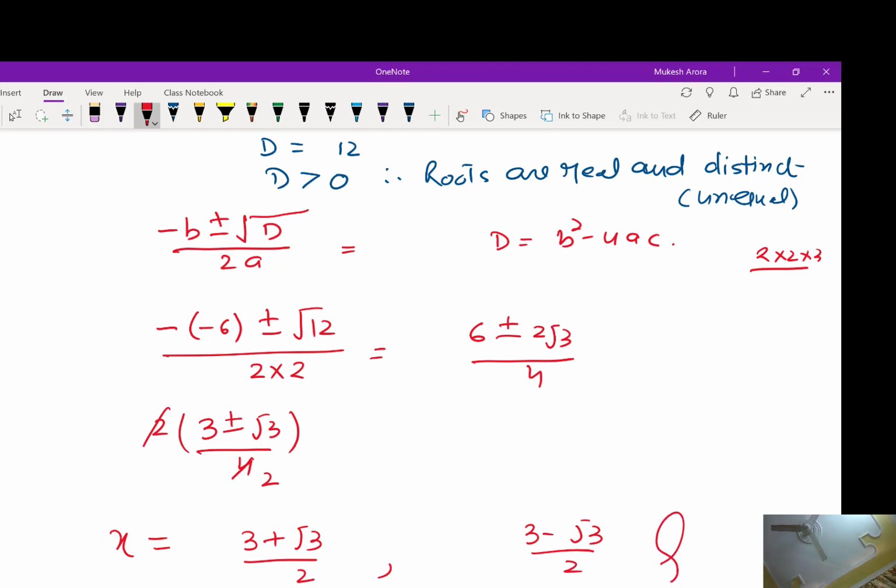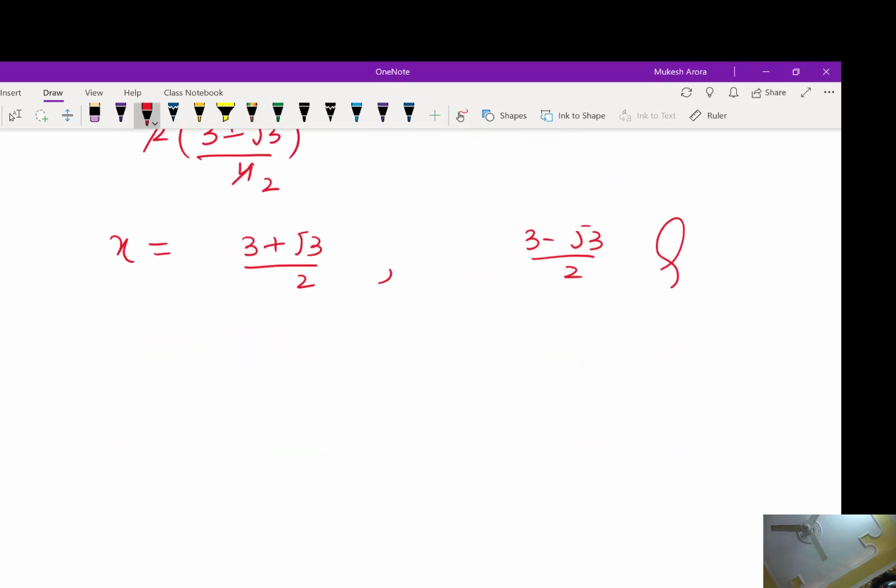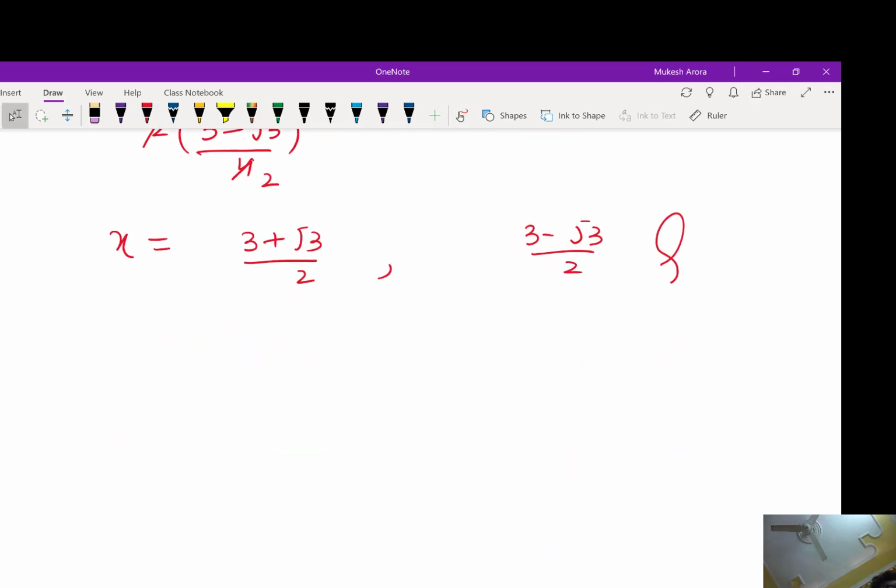This was the simple question where we have to find the value of D, see whether these are real roots or not, and then find the solution of the equation.